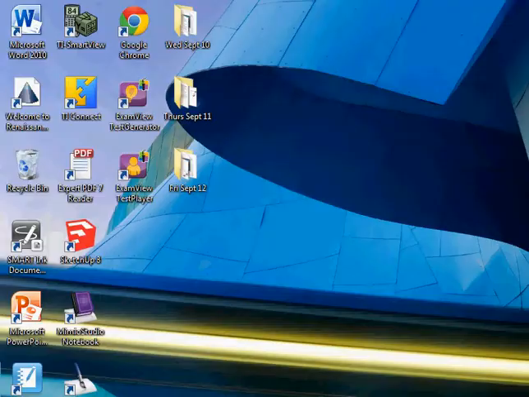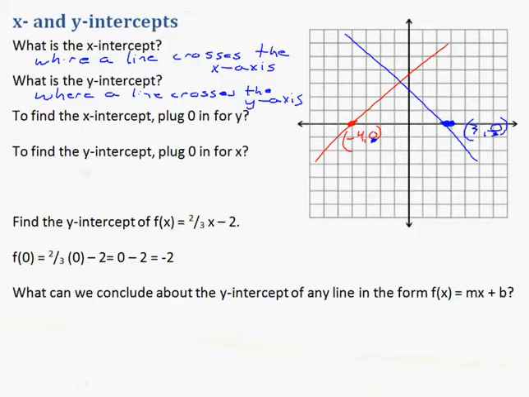So the way that we can know what the x-intercept is, we can plug 0 in for y. To find the x-intercept, plug 0 in for y. To find the y-intercept, plug 0 in for x.